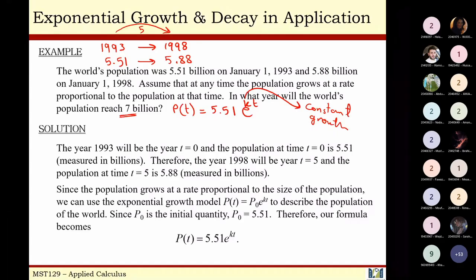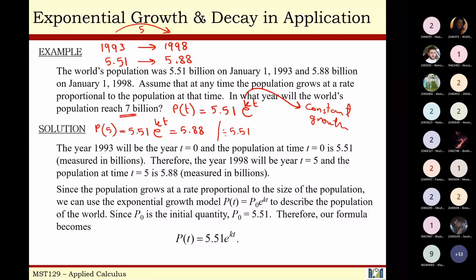So the population after 5 years equals 5.51 e to the power kt. This reached 5.88. Dividing both sides by 5.51, this is the equation, and we reach it like this.